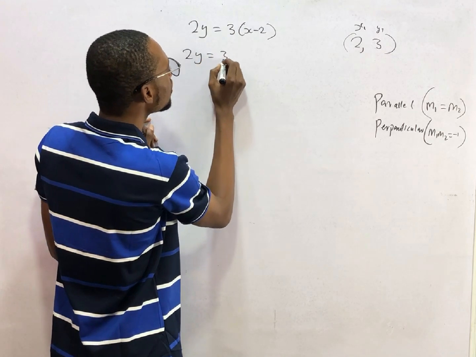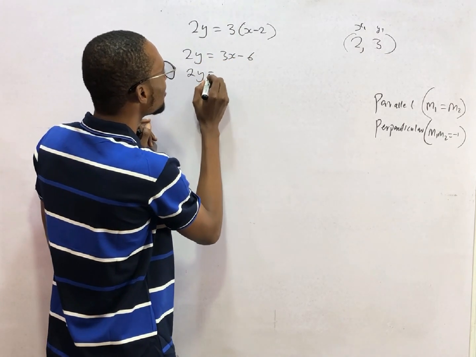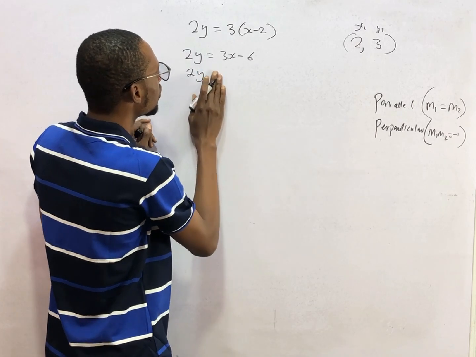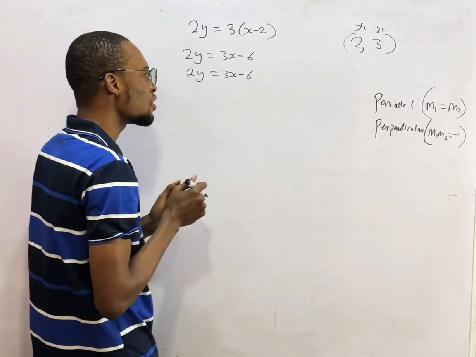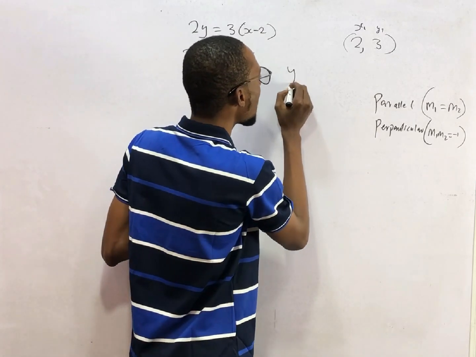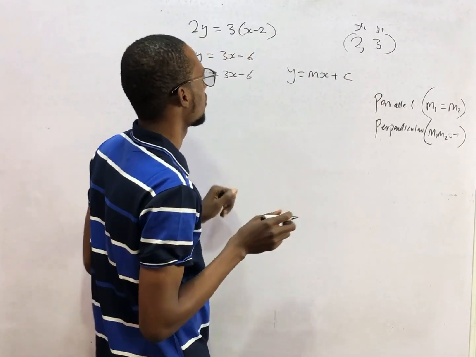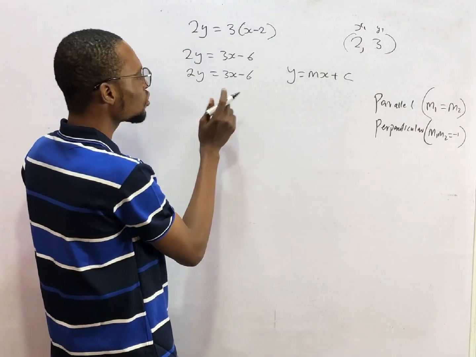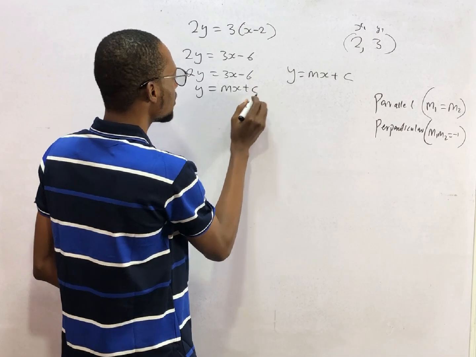Now, we are given this first line. 2y is equals 3s minus 6. And the pattern for equation of line is y is equals ms plus c. Trying to compare to this one, y is equals ms plus c.